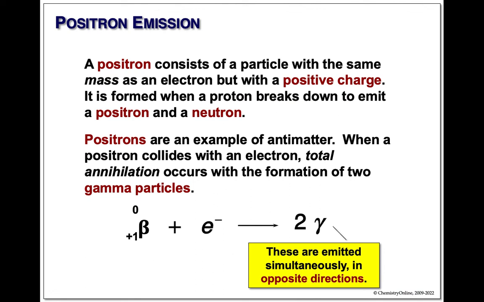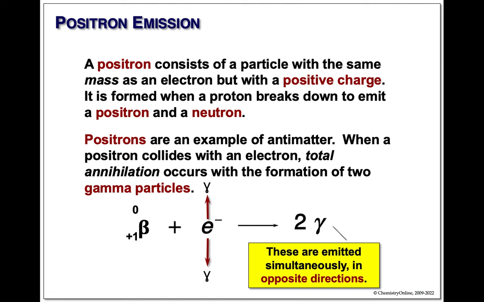Well, they were right. They do. If we take a positron and an electron, allow them to touch each other, they annihilate and form two gamma rays. Now, this process is interesting because the gamma rays that are formed are emitted from the collision site in totally opposite directions. One up, one down.